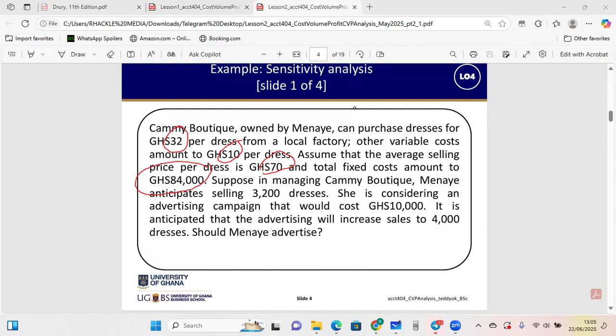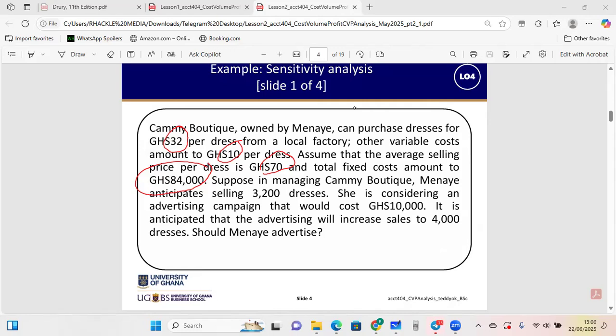Remember, whenever there is an expense that varies with the units, then it's a variable cost. So since this is 32 per dress, it's a variable cost. And they are telling us the other variable cost also amounts to 10 cedi per dress.